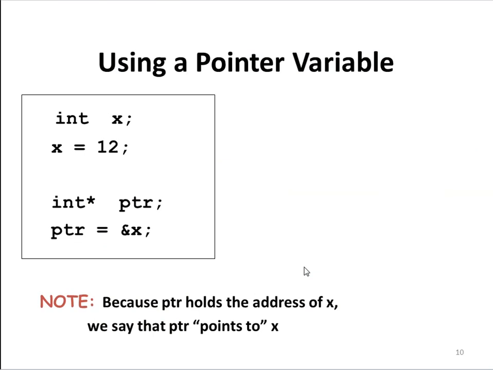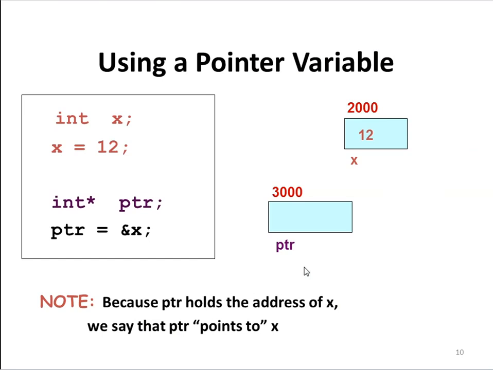For better understanding, we take a few examples. Int x, x equal to 12, means we have declared an integer type variable x, and it is now initialized with 12. When we say integer star ptr, here we are declaring another variable ptr.